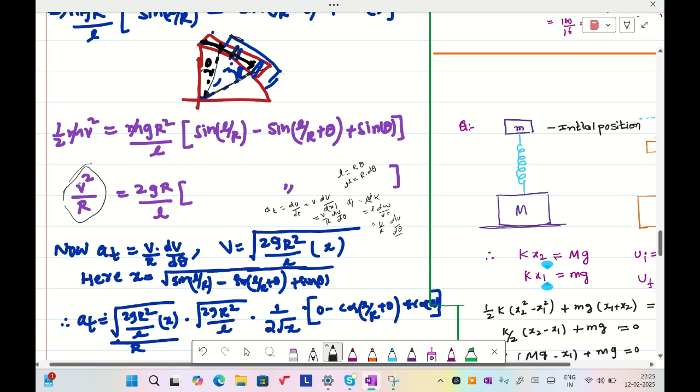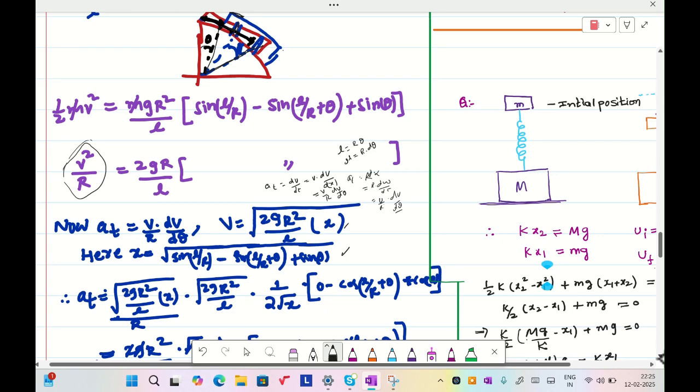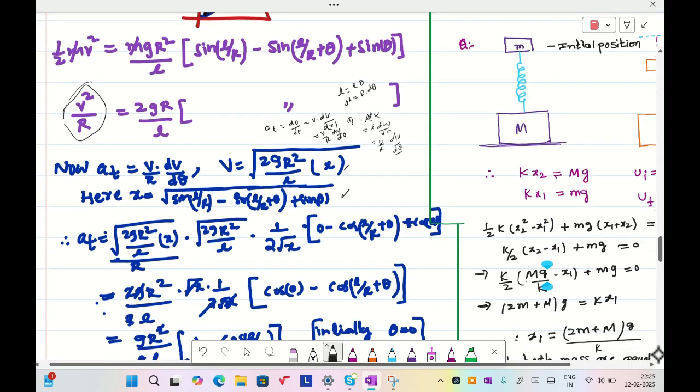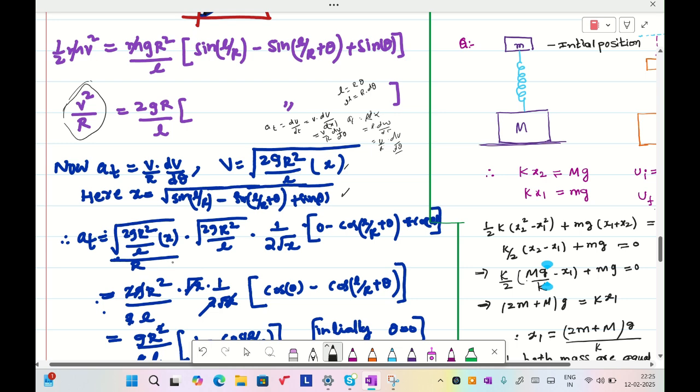Now here for v by r, I will take the total in a bracket as x. From this, v is equal to 2gr square into L by x. Now I am differentiating dv by x with respect to theta, and I will get some answer. After differentiating, root x is equal to 2gr by L, which is constant. The derivative of root x is 1 by 2 root x.